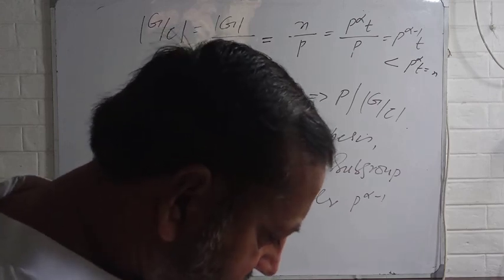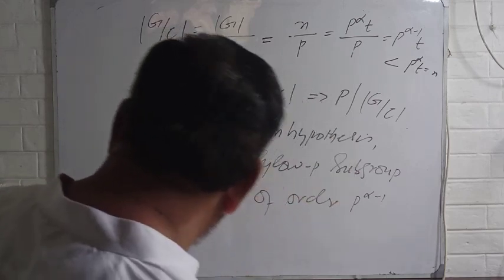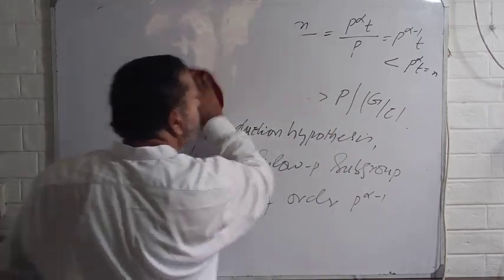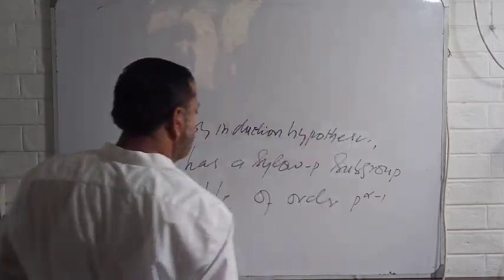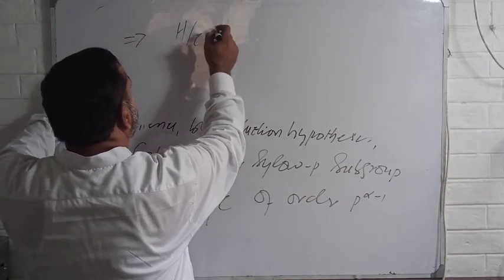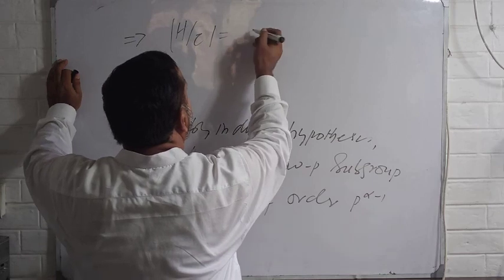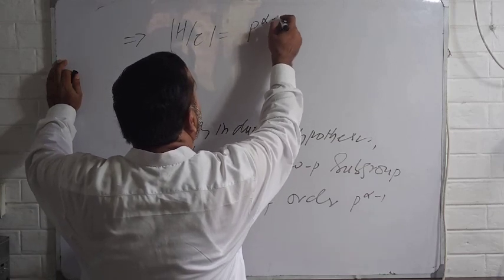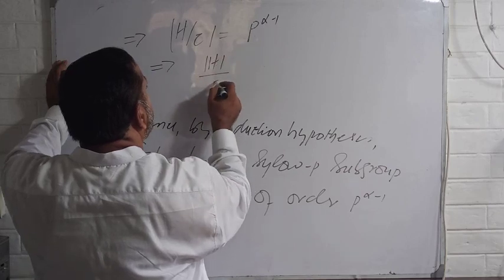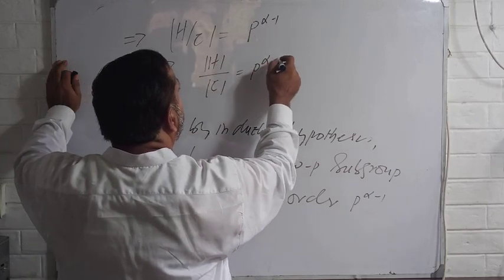That is, this shows that the order of H by C is equal to P power alpha minus 1. So this implies the order of H by the order of C is equal to P power alpha minus 1.